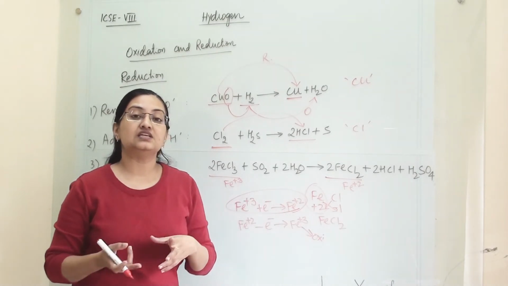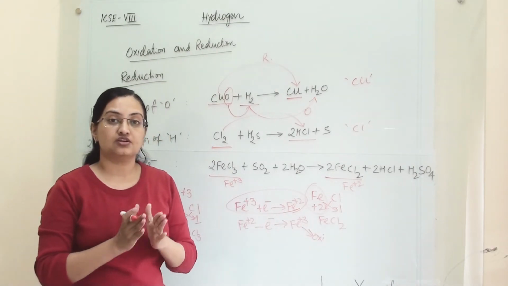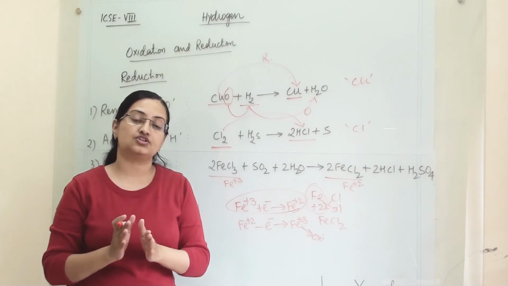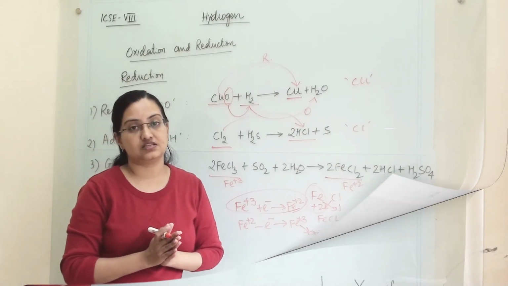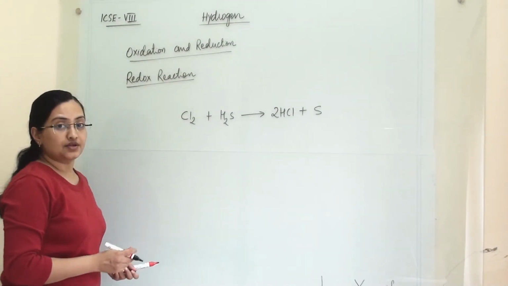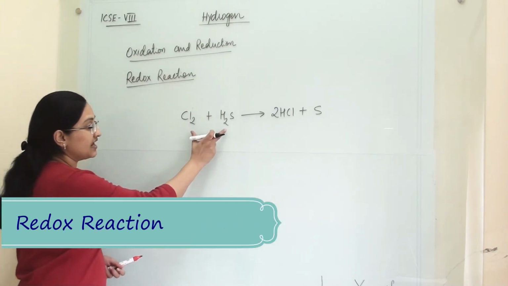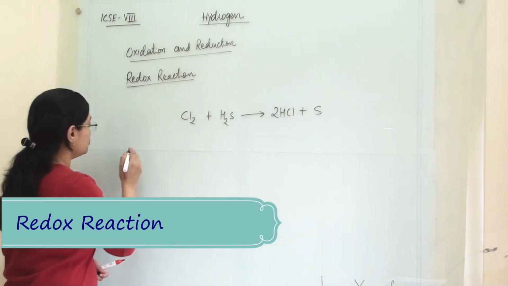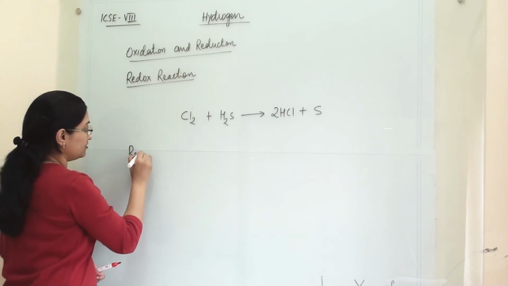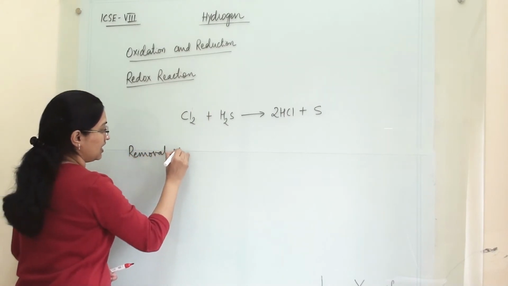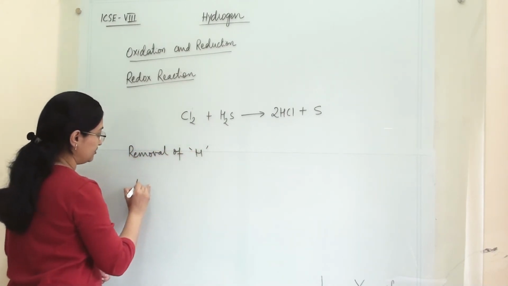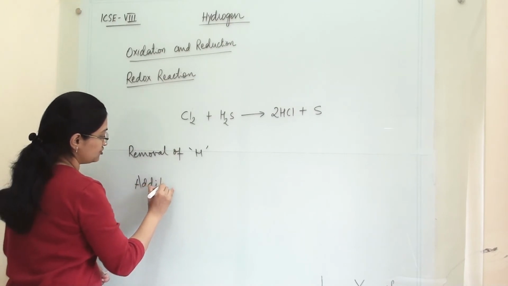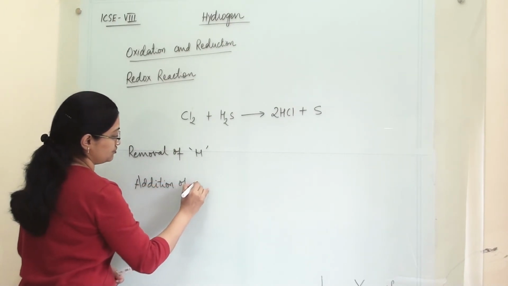Now we will see the redox reaction, in which reduction and oxidation both will happen simultaneously. So here in this reaction we can see that hydrogen has been involved. So either it will be a removal of hydrogen or it will be an addition of hydrogen.